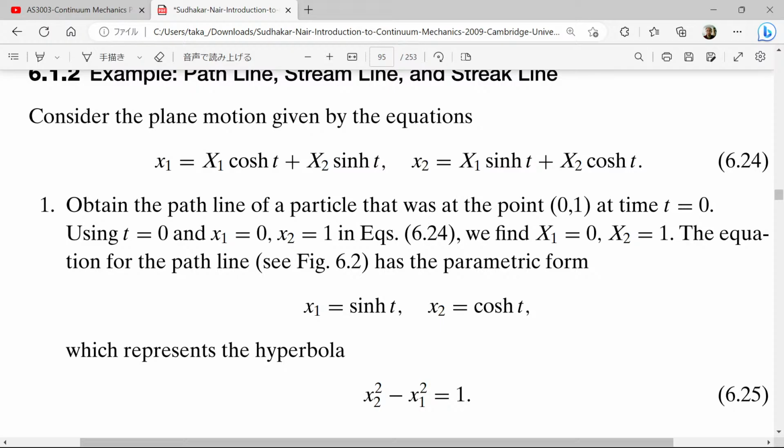we find x1 equals 0, x2 equals 1. The equation for the path line, see figure 6.2, has the parametric form x1 is, x2 is 1, which represents the hyperbola.